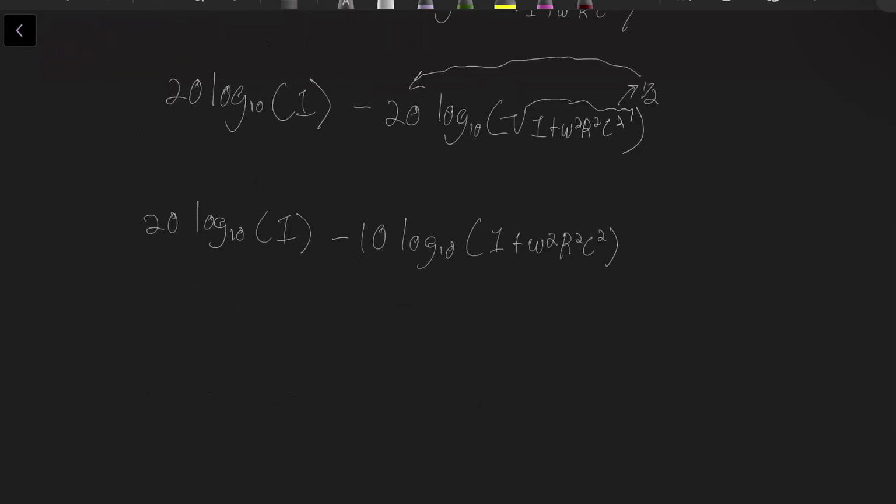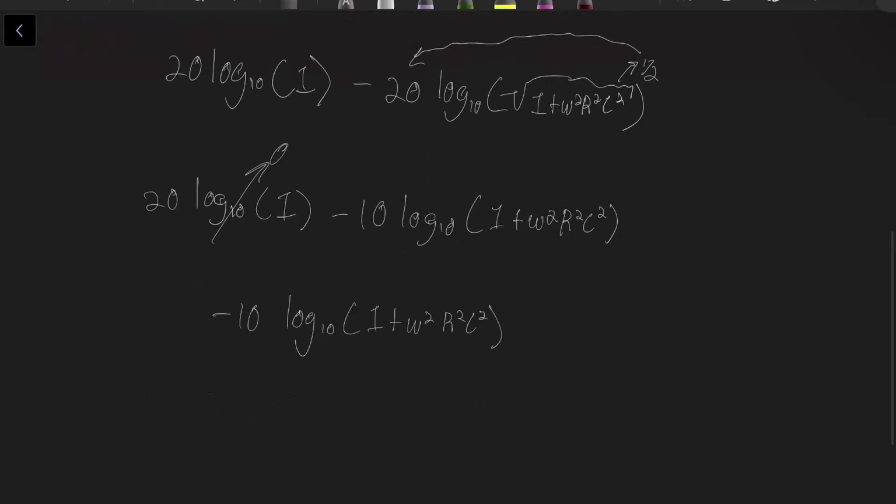Now our log base 10 of 1 is going to be 0, right? Because log base 10 of 1 is 0, so that whole term goes to 0. And we're left with just our minus 10 log base 10 of 1 plus omega squared R squared C squared.